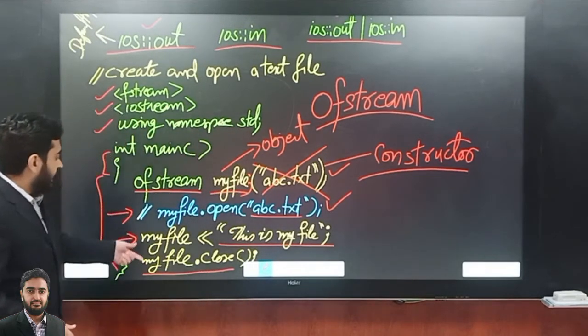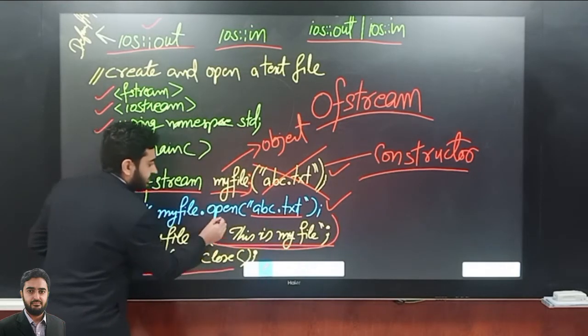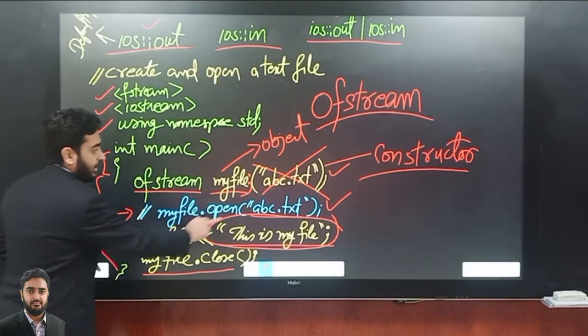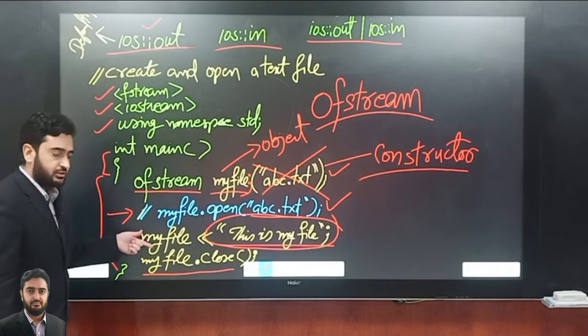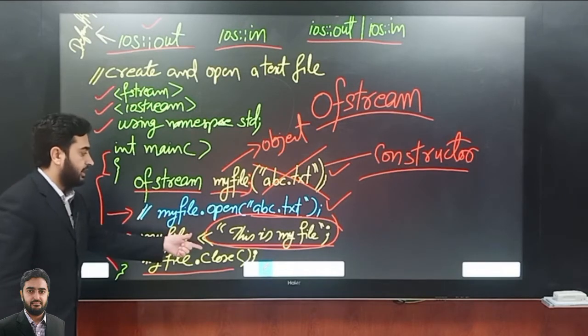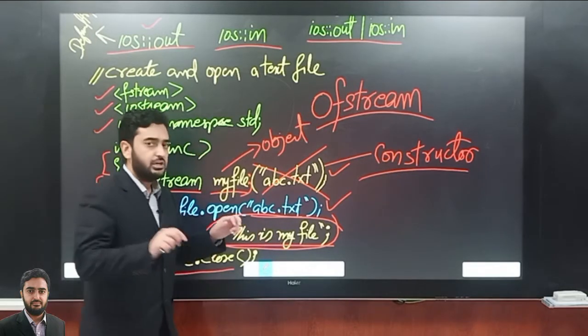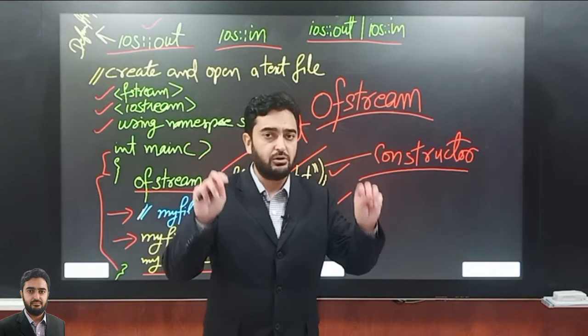Then we want to write down some text. This is the text that we are interested in writing in the file abc.txt. So the method is to write the object name, then the stream insertion operator, and then the statement or whatever you want to write, enclosed in double quotes.